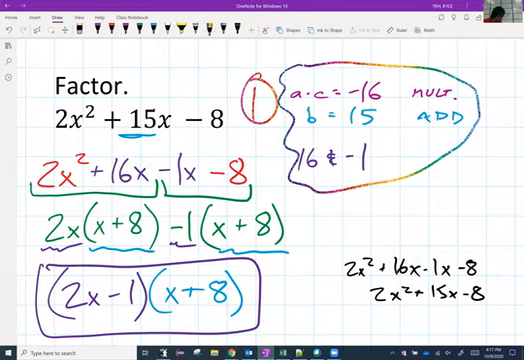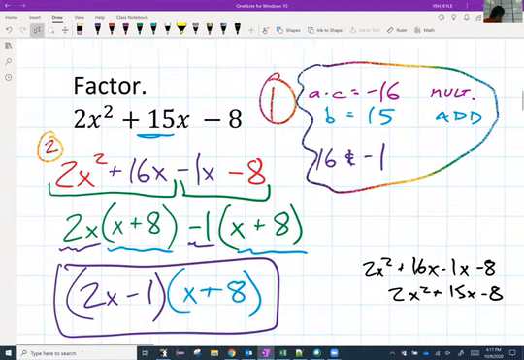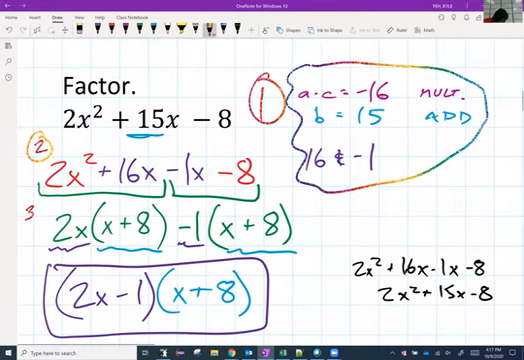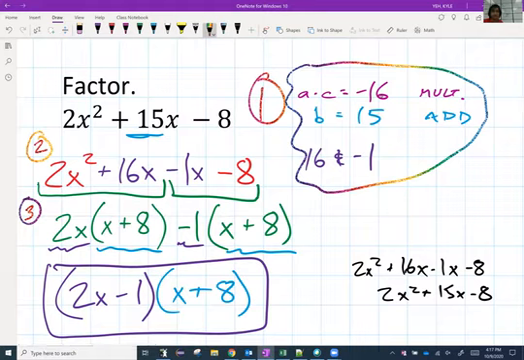Second step is rewrite my expression, breaking up that middle term into my two numbers, plus 16x minus 1x. And then my third step is group the first two terms together, see what you can pull out and what you're left with. Group the second two terms and see what you can pull out, see what you're left with. And hopefully you'll be left with the same thing on both, which means that's one of the factors, and the other one is whatever we were able to pull out.